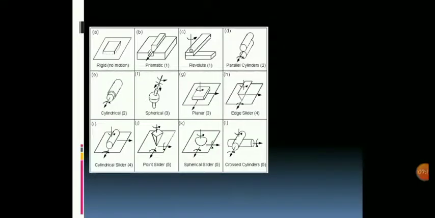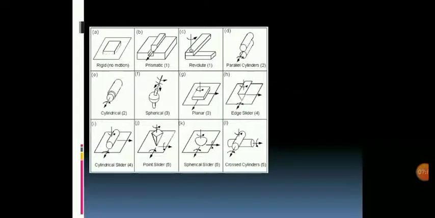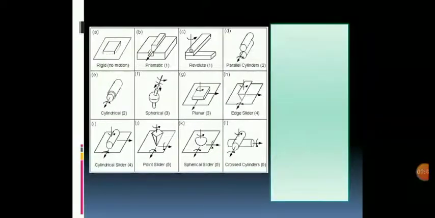Now this picture shows various possible examples of degrees of freedom. Here we'll understand examples of minimum degrees of freedom and maximum degrees of freedom. We'll see them one by one. In the first picture, the object is rigid, so as there is no motion, the degrees of freedom will be equal to 0.